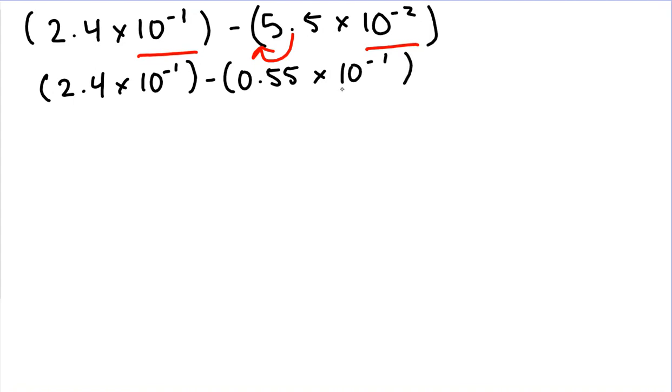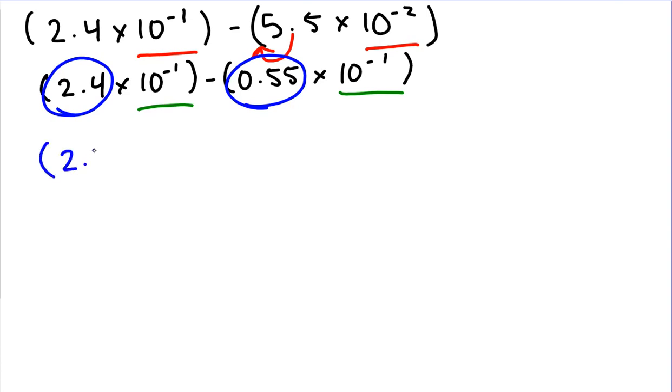Now, because these are the same, we are able to use distributive property again. So I'm going to take this number, and we're going to go 2.4 minus 0.55 times 10 to the power of negative 1.